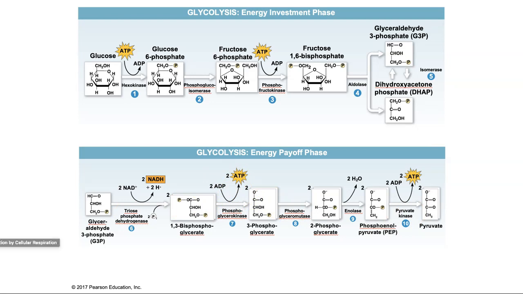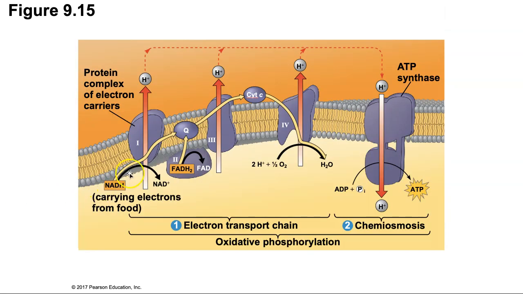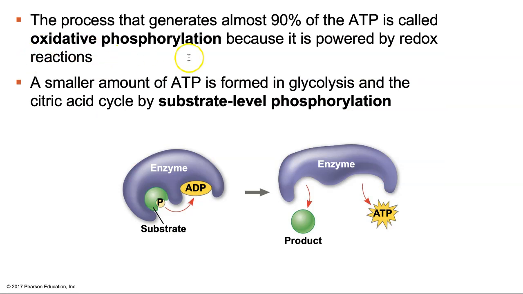Or we can have the electron transport chain drive the phosphorylation. It created the proton motive force, which drives the turning of this turbine here to create ATP. Those are two different types: substrate level phosphorylation versus oxidative phosphorylation.